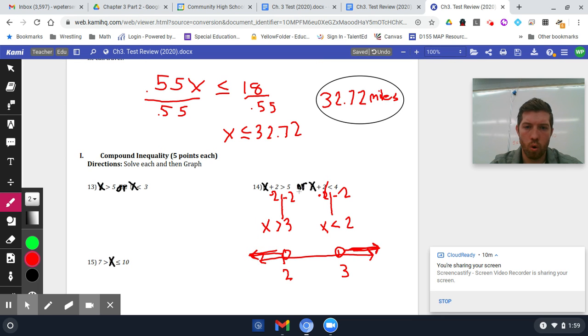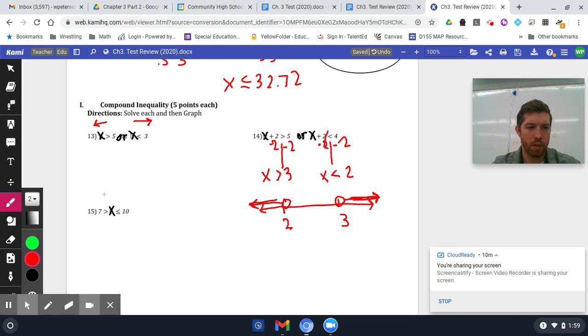And remember, this is an or statement. Or statements always go thumbs out, and statements are always thumbs in, okay? So this is an or statement, so we should have thumbs out on that one. Our final answer should look something with the arrows going out. And this one is an and statement, so our final answer should be something with the middle highlighted, just like that.